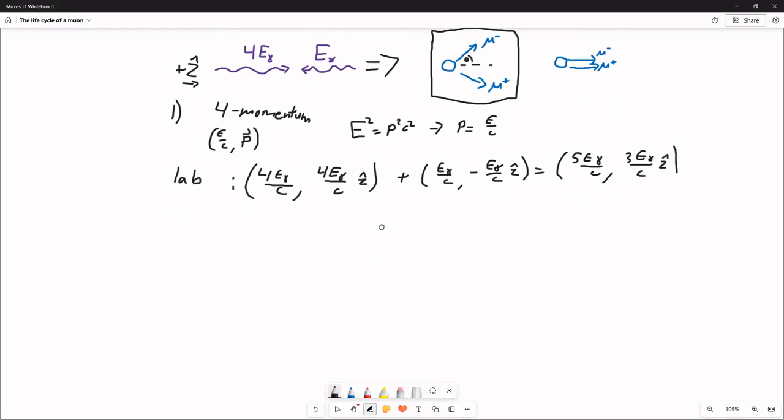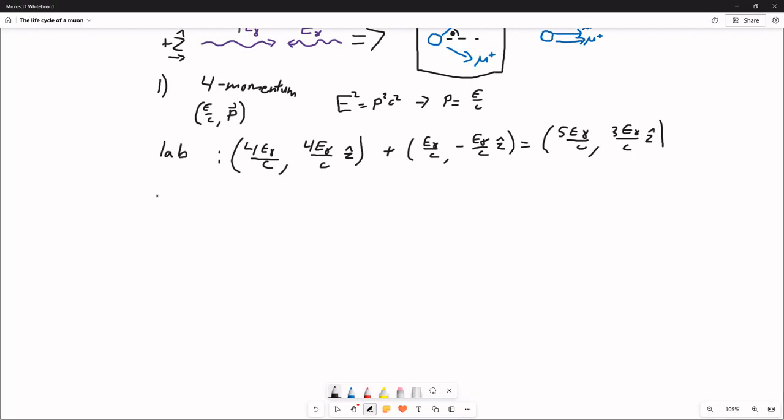All right, moving on to the center of mass frame. After the fact, we have the energy of the muon, which is just going to be mc squared.